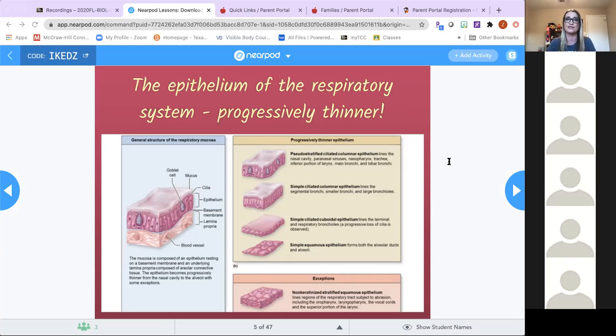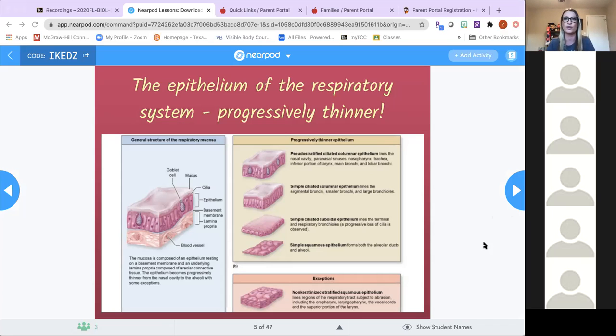You also find this epithelium in the upper portion of the larynx and vocal cords. Note that the larynx, even though it contains this type of epithelium, is not shared with the digestive system, okay? It's just this type of tissue that extends into that part of the purely respiratory system. So I need you to know that this epithelium gets progressively thinner and thinner.